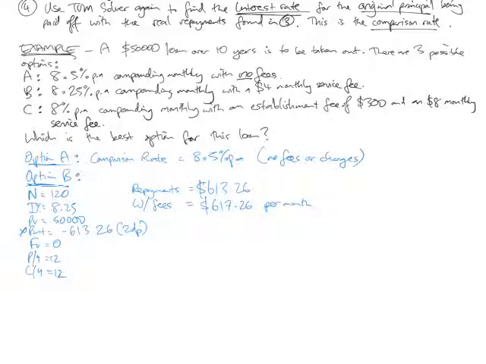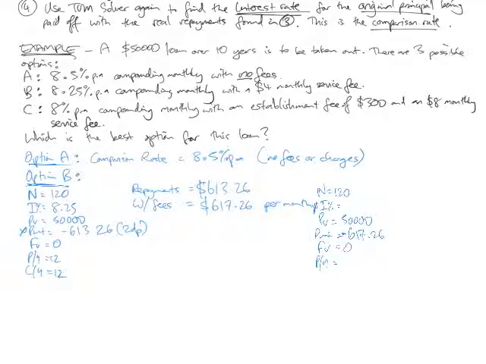So, all we need to do now is put into the calculator again, but this time you're solving for what is the interest rate if you're paying off a $50,000 loan with repayments of $617.26, not $613. The interest rate, if you're paying $613.26 every month, would be 8.25, but that's not what you're paying every month.